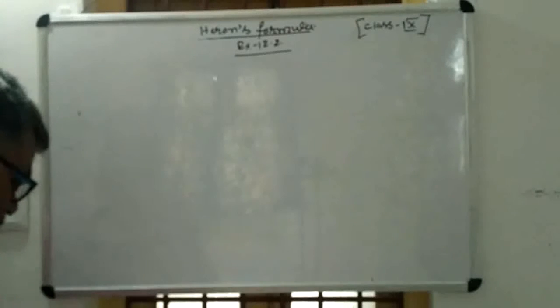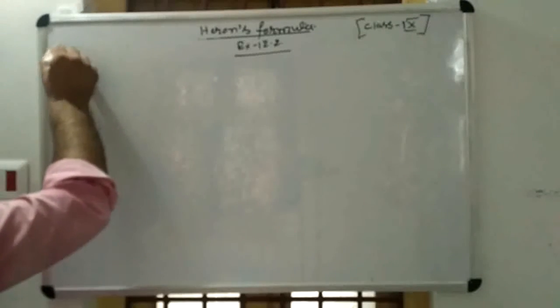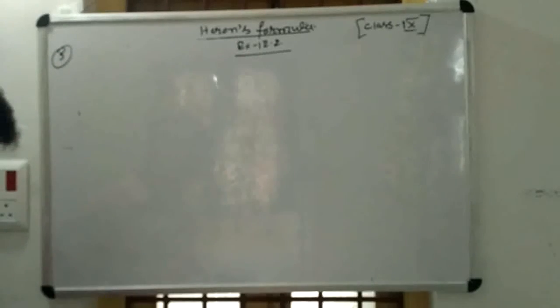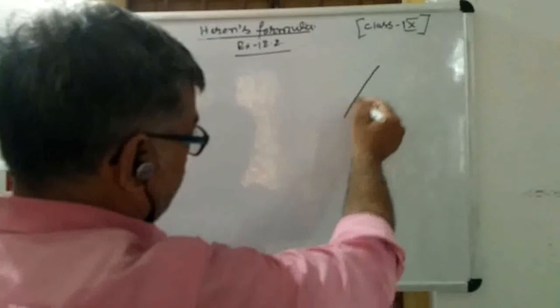See question number 5 of exercise 12.2. This is question number 5. A rhombus shaped field. Draw a rhombus shaped field first.